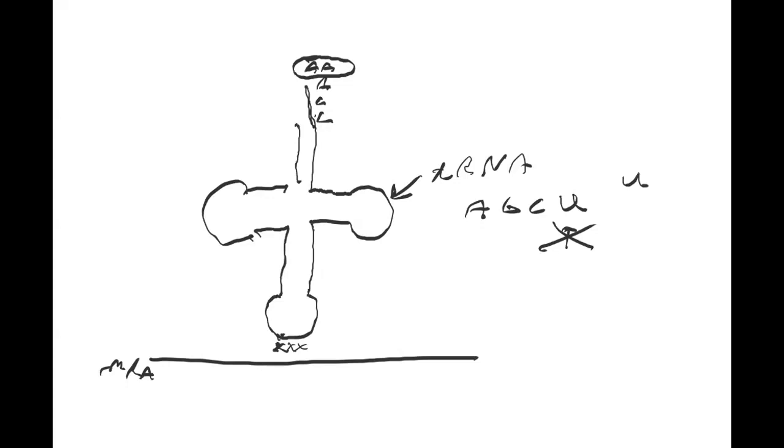We're talking about endogenous. So this U can either be a regular U, uridine, or pseudouridine. Now, the way it is represented is with this symbol here.